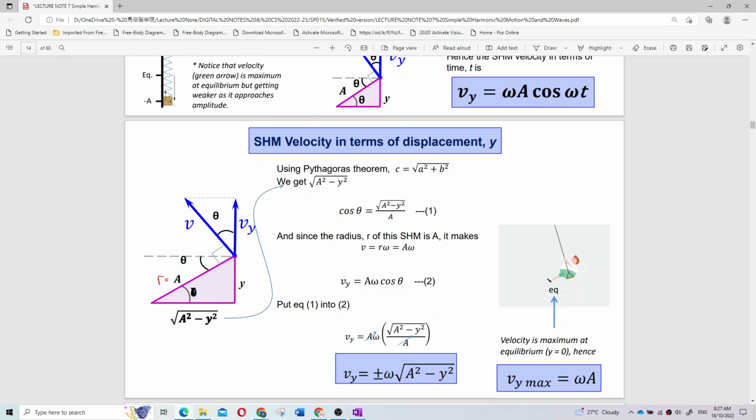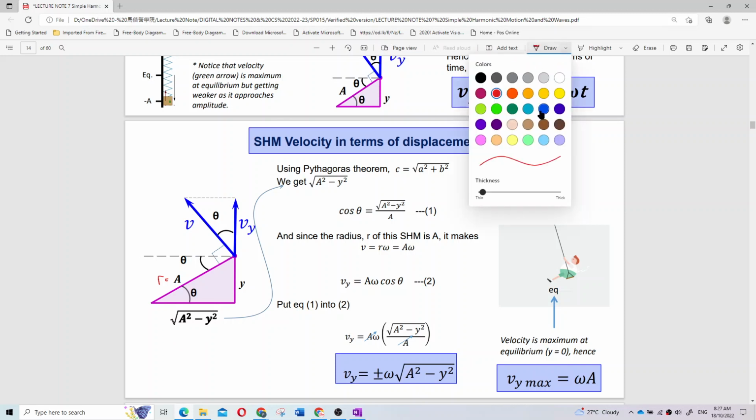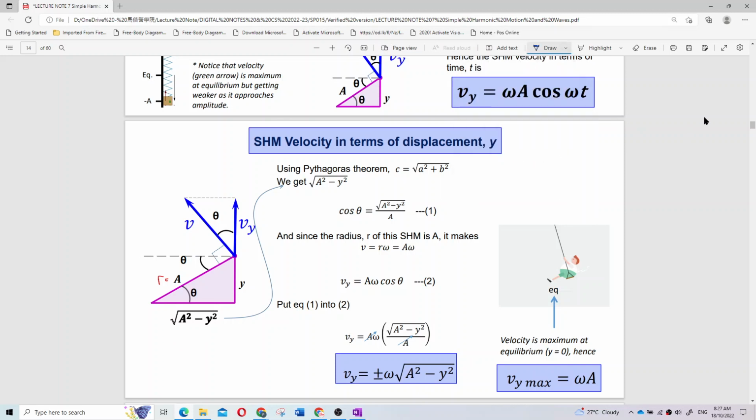So now we can find what is cosine theta. Cosine theta is adjacent over hypotenuse. That means this is adjacent over this hypotenuse.